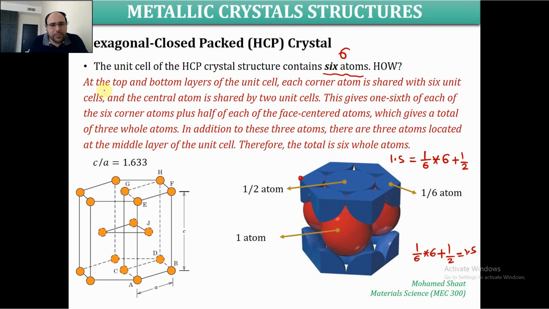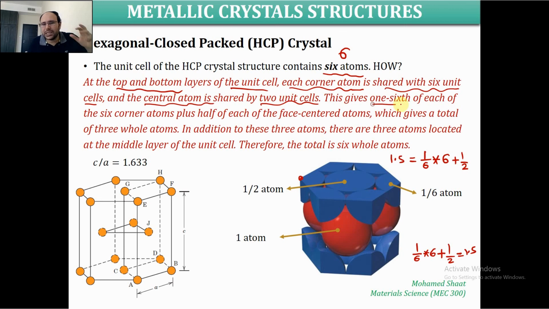At the top and bottom layers, because they are identical, it is fine to discuss them together at once. In these layers of the unit cell, each corner atom is shared with 6 unit cells, and the central atom is shared between 2 unit cells.